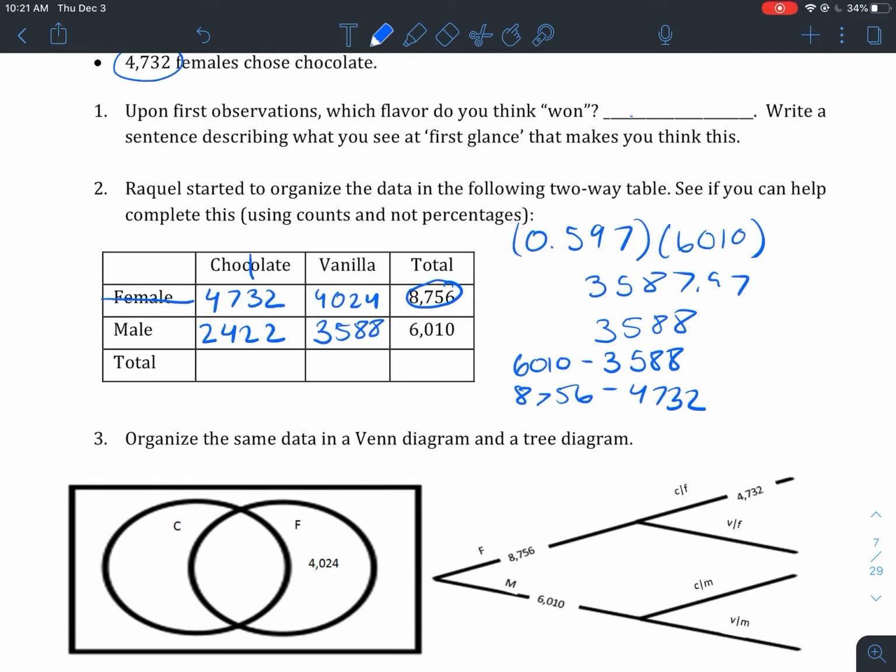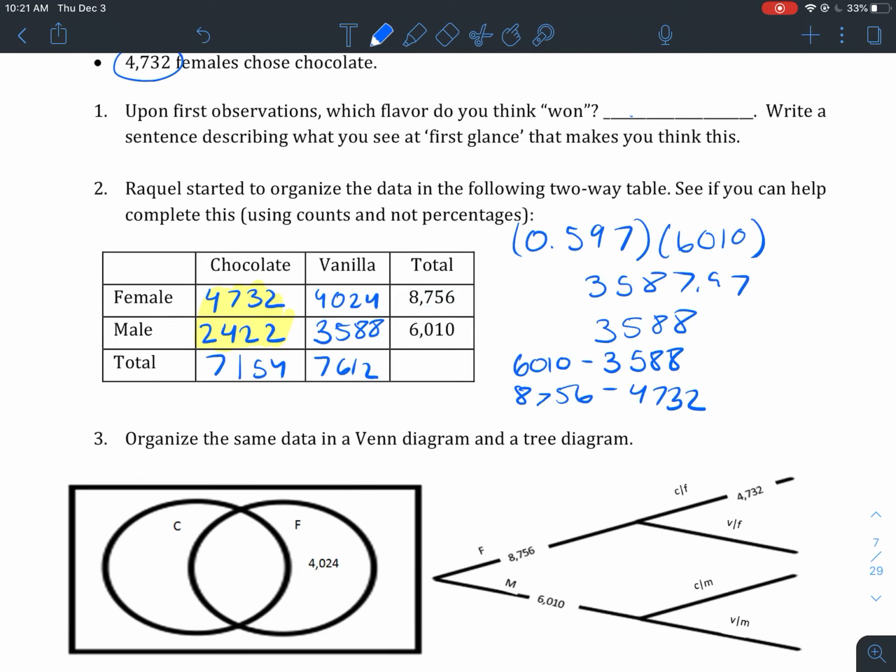All right. So now we can go ahead and calculate our totals. To figure out the total number of people that chose chocolate, we're going to add these two numbers. So you're going to do 4,732 plus 2,422, which is going to give us 7,154. Then we've got the total number of vanilla, so we can add that up. We would end up with 7,612.